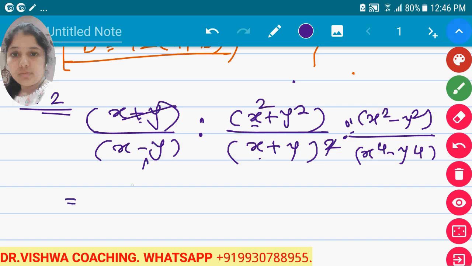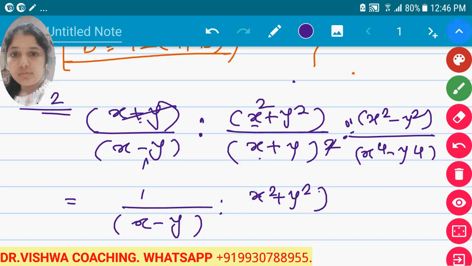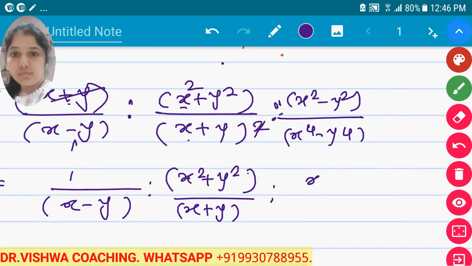Now what is remaining? 1 upon (x minus y) to (x square plus y square) upon (x plus y), and this (x square minus y square) remains the same.